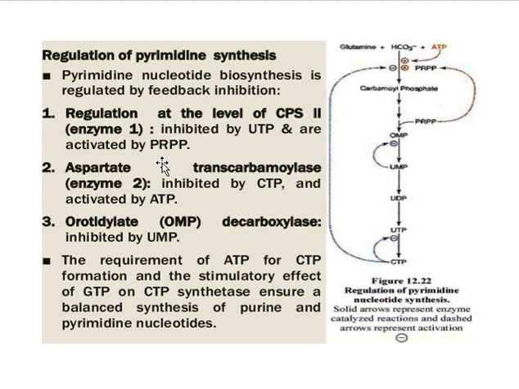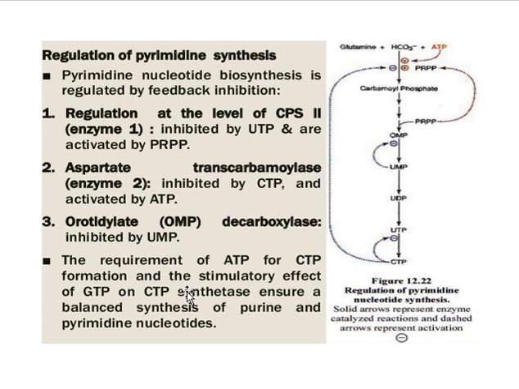The second step of regulation of this pyrimidine biosynthesis is the aspartate transcarbamylase. This enzyme aspartate transcarbamylase is inhibited by CTP and is activated by ATP. The third step of regulation is the orotidylate decarboxylase or OMP decarboxylase. This enzyme is inhibited by UMP.